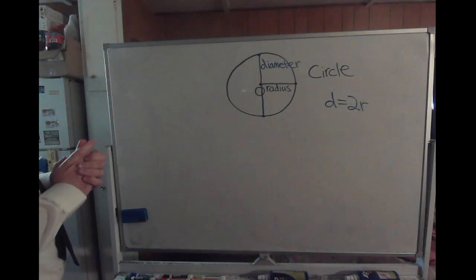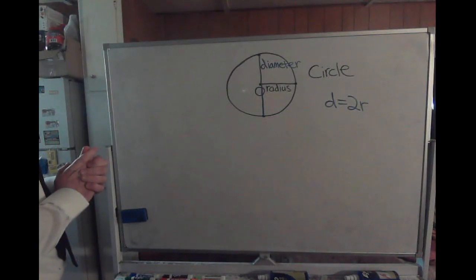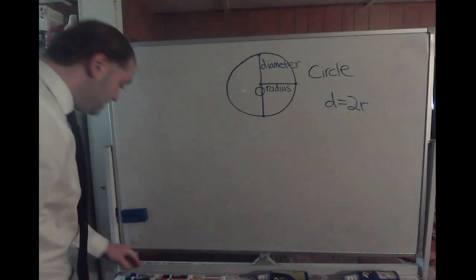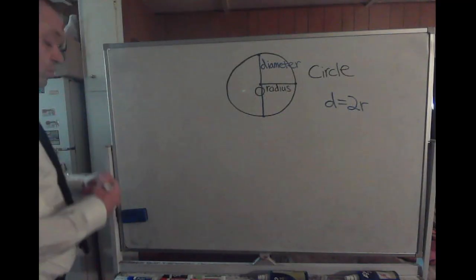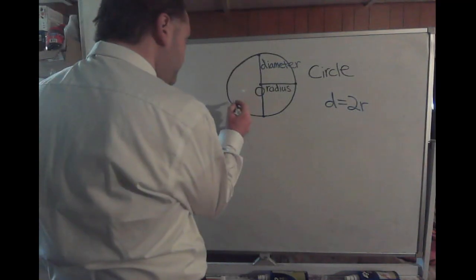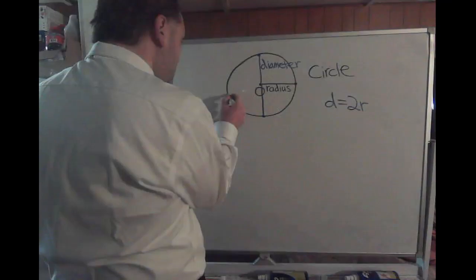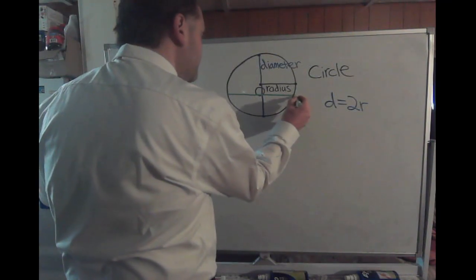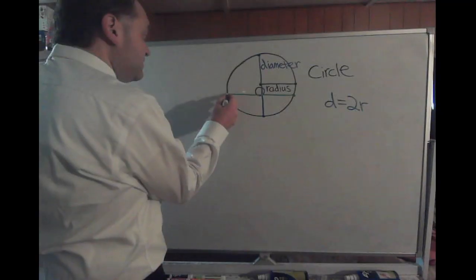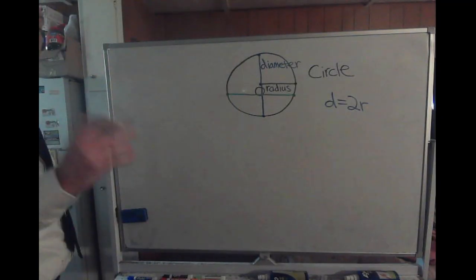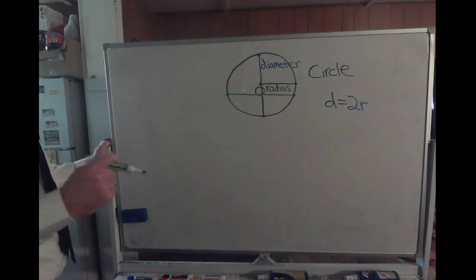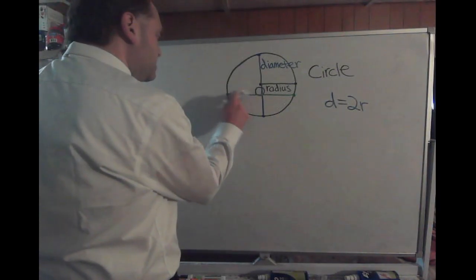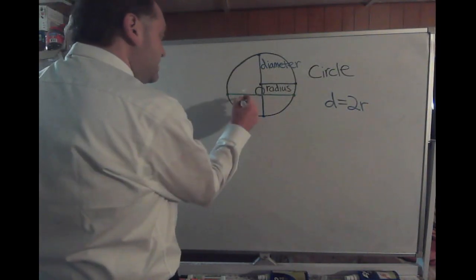Now, there are some other types of lines also. If you have a segment that connects two endpoints on a circle but doesn't go through the center, that is called a chord. I said secant, I'm sorry, we'll talk about secants in a minute.